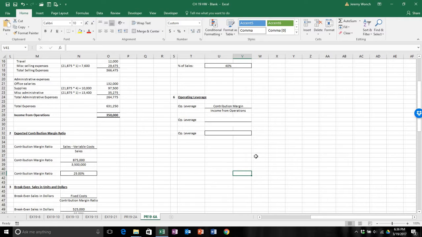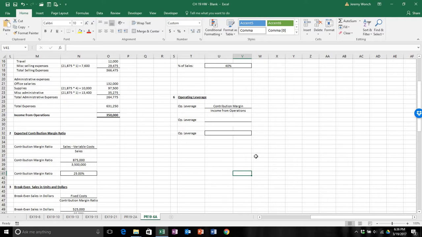If you're a very leveraged company, or if you have a very leveraged product, that means you stand to make a lot more money if sales are high. On the flip side, it means more than likely you have higher fixed cost.